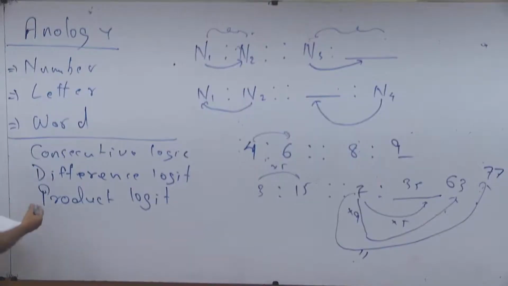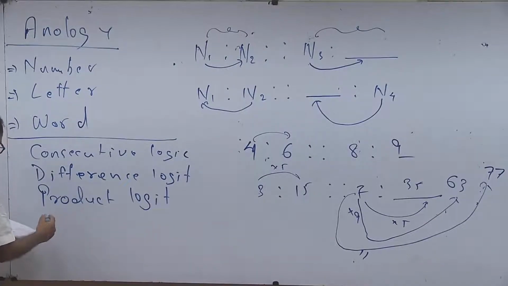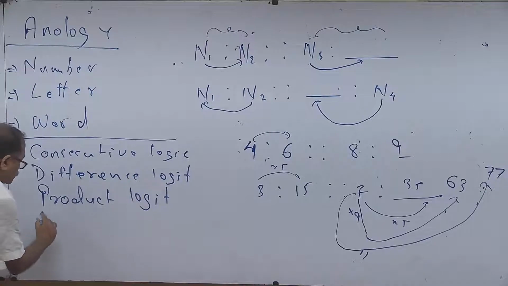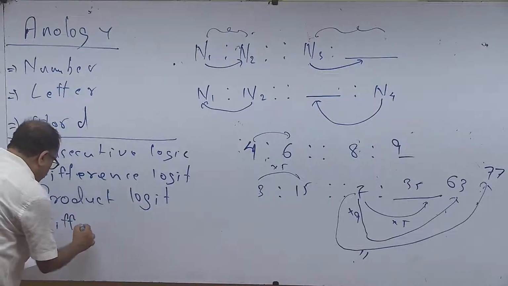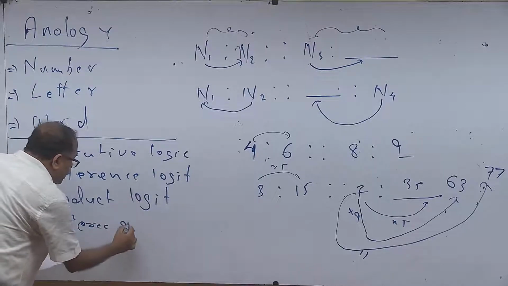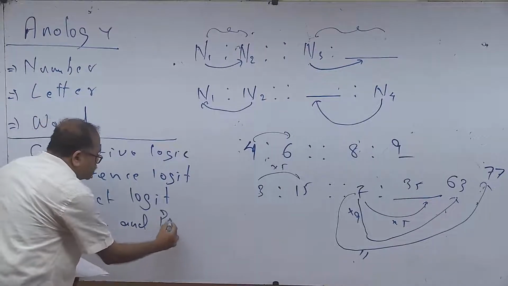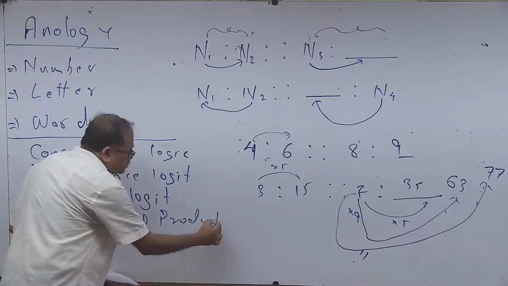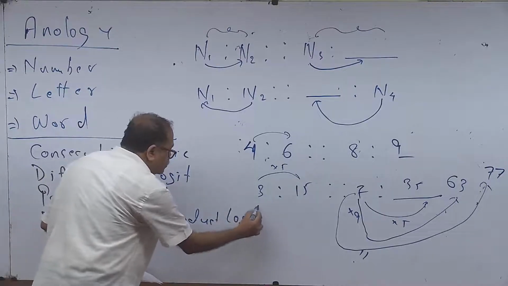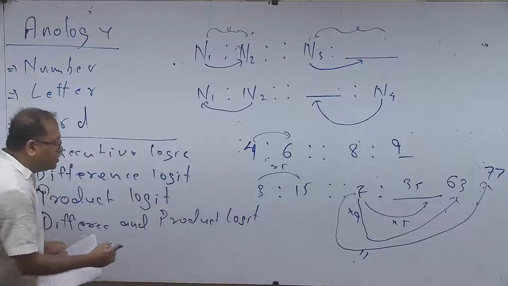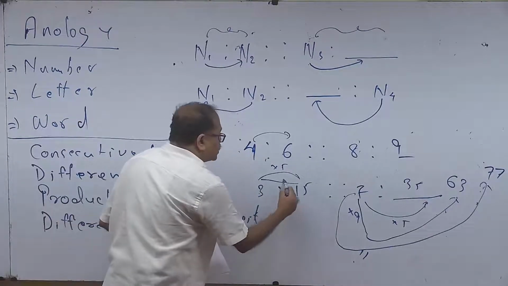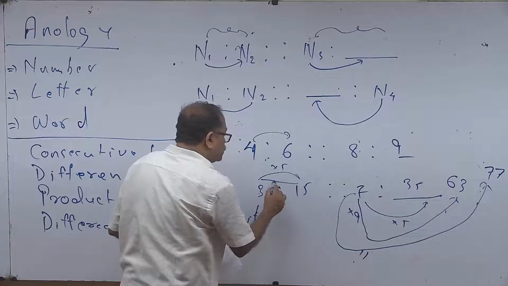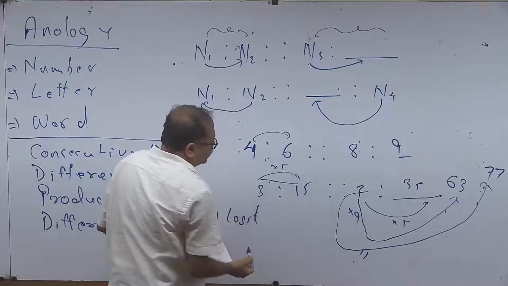And the next one is the difference and product logic. So first we find the difference between the two numbers. Now whatever the difference comes, there is a multiplication of it.